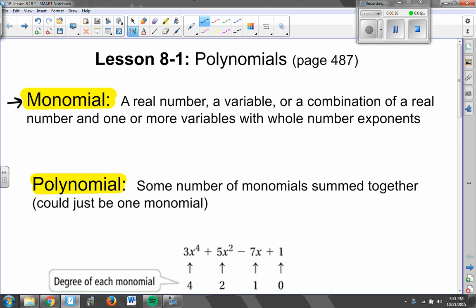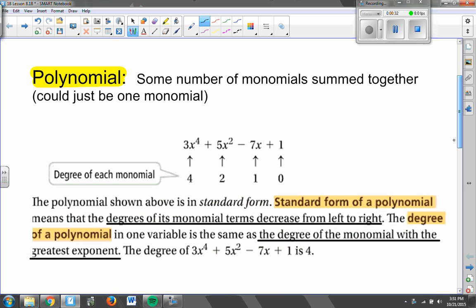Now, today we are going to focus on polynomials. So here's the first vocabulary word to add to your notes. A polynomial is some number of monomials added together, or it could just be one monomial. So it's one or more monomials from yesterday, all added up and put together.